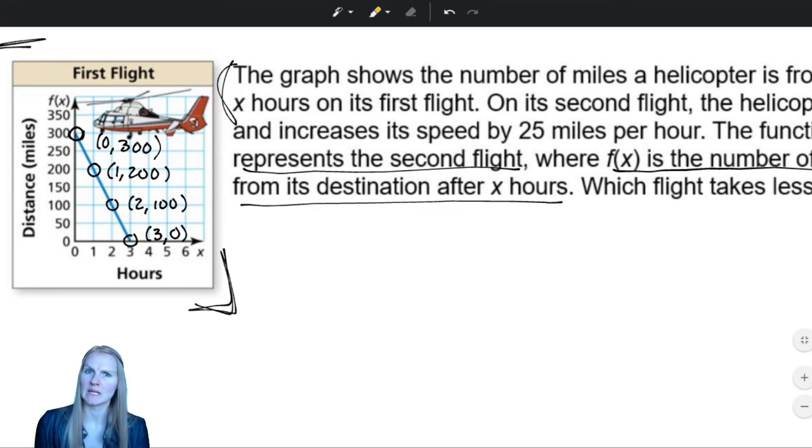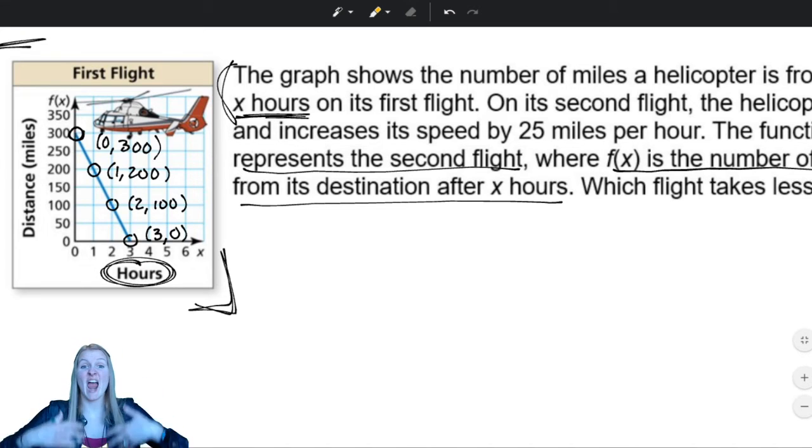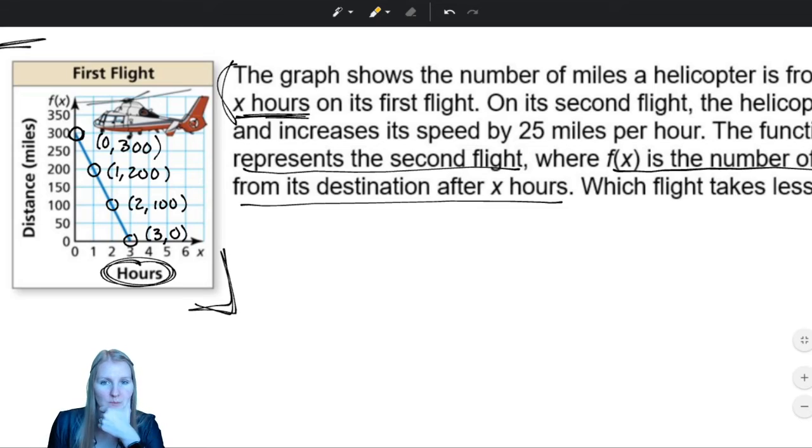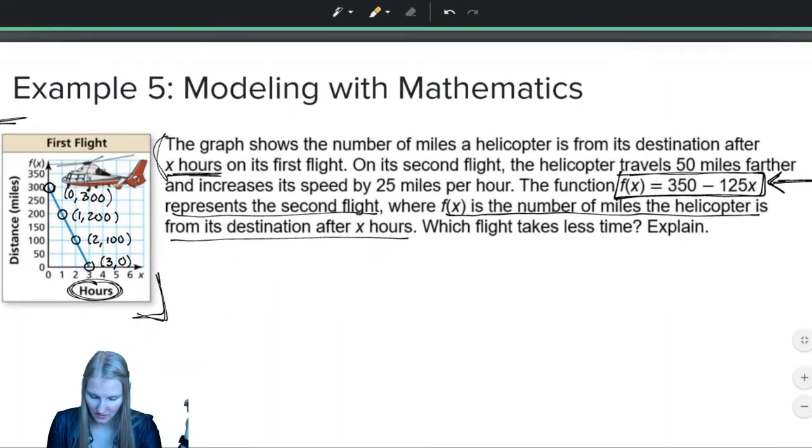What do these points mean? Okay, so the input is x hours, so number of hours. We can see on the x-axis we're talking about hours. How many hours has the helicopter been in the air? And what was f of x?